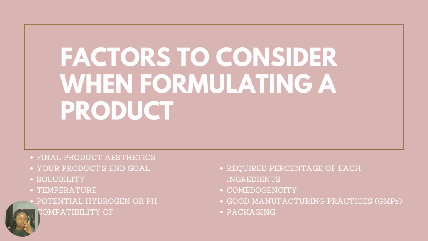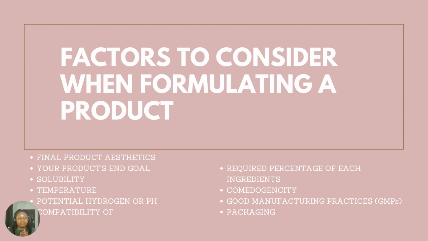Lastly, packaging. Packaging is very important when you formulate your product, right? So for example, when you formulate a body cream, because body creams are really thick, they are not supposed to be in a bottle or in a pump bottle, because guess what, you're not going to be able to dispense it easily.